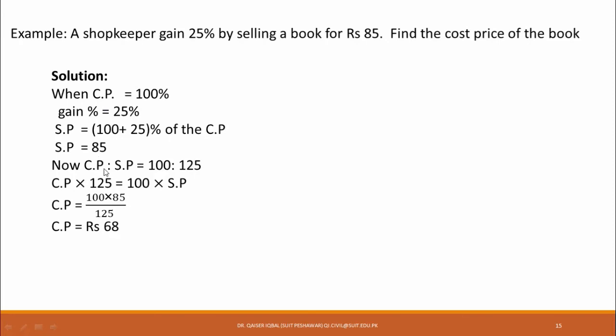Now cost price ratio selling price: the ratio of the cost price and selling price is equal to 100 ratio 125. Now the cost price multiplied by 125 is equal to 100 multiplied by selling price. And now the cost price is equal to 100 multiplied by 85 divided by 125. So after simplification, the cost price is 68.